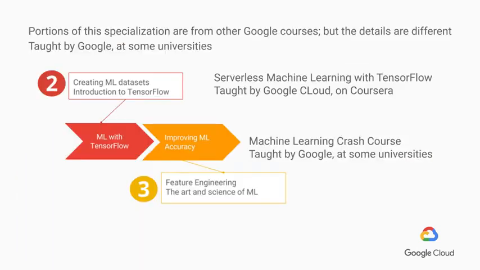Now, you may have encountered some of this material before, especially in the first 4 courses. For example, in the courses on creating machine learning datasets and on TensorFlow basics, some of the slides will be a repeat of serverless machine learning with TensorFlow that's available on Coursera. Similarly, if you encountered Google's machine learning crash course, this is an internal Google course, but it has also been taught on some university campuses.